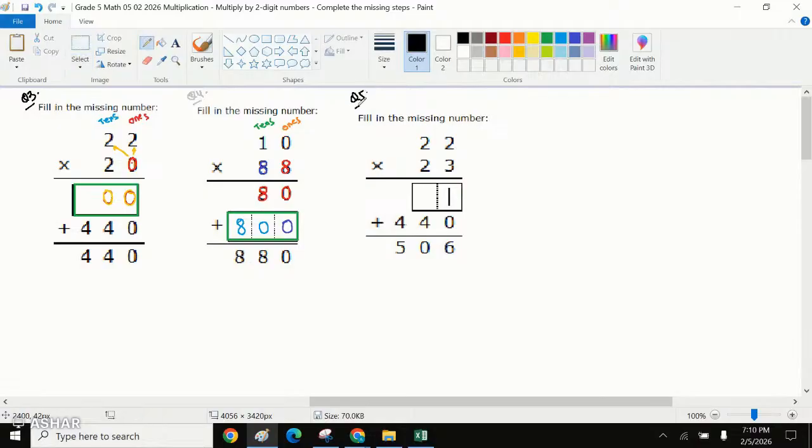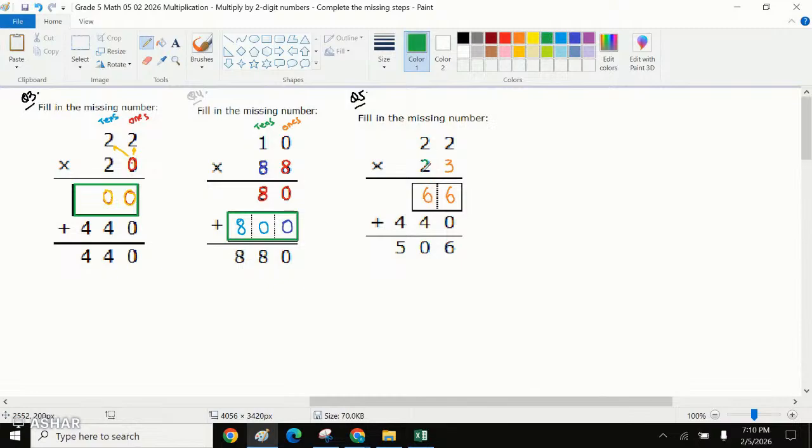So question number 5 says, when the 3 was multiplied by 2, I'll just rewrite this. When 3 in the ones was multiplied by 2, we can write a 6. 3 multiplied by 2 is a 6, right?